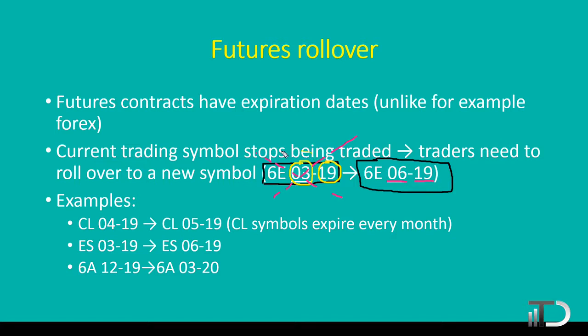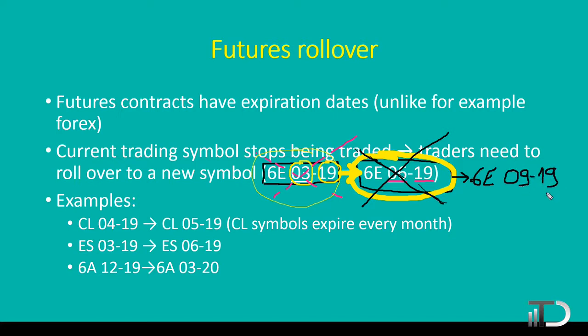This means that this contract is traded for 3 months, then you roll over to this one, which will again be traded for 3 months, and after that this one will also expire and traders will need to shift to this symbol, 6E09, which goes for September 2019. So this will be the next symbol for the next 3 months.